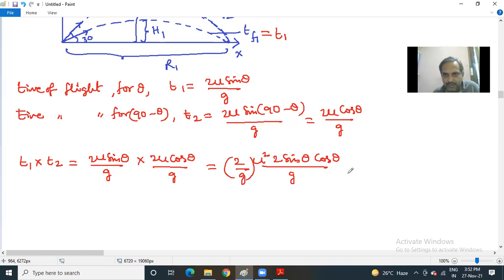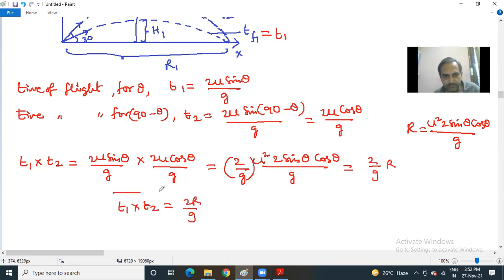So this is once again the range expression. So it will be 2 by g with the range. The range expression is u square 2 sin theta cos theta by g. Now you can have the relation T1 into T2 is equal to 2R by g.